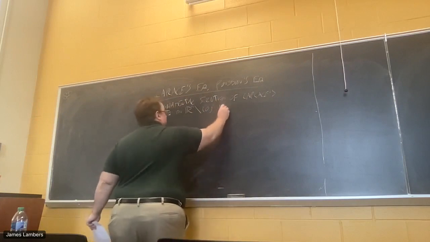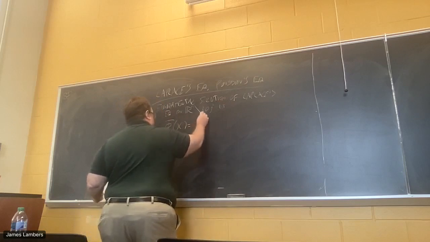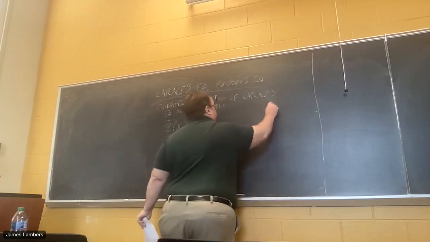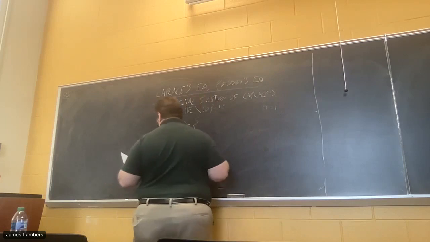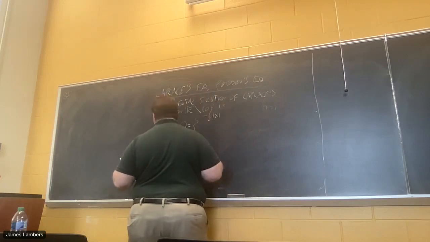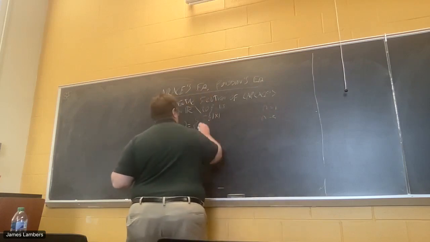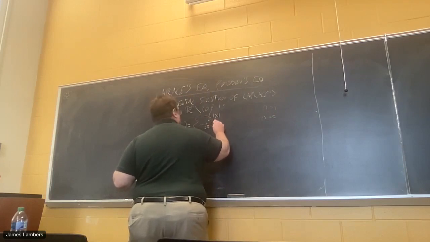I'll call that phi of x. So for n equals 1, it is minus 1/2 magnitude of x. For n equals 2, it is minus 1 over 2 pi natural log of magnitude of x.